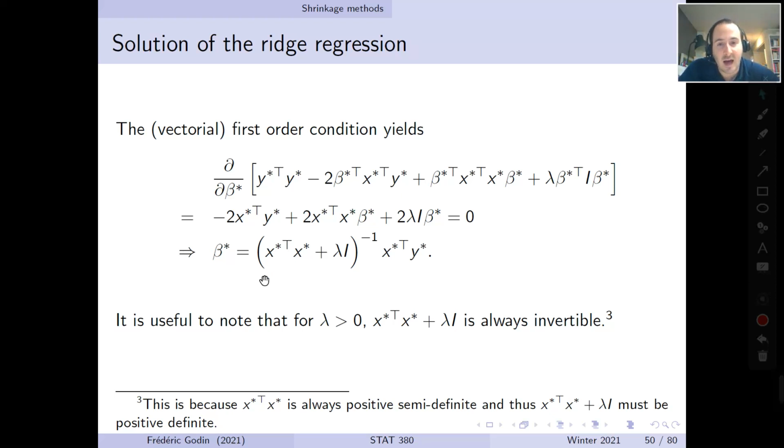So as lambda increases to infinity, this converges to a matrix of zeros, and therefore beta star converges to 0 also. As you increase lambda to infinity, the parameters are infinitely shrunk so as to eventually converge all to 0.